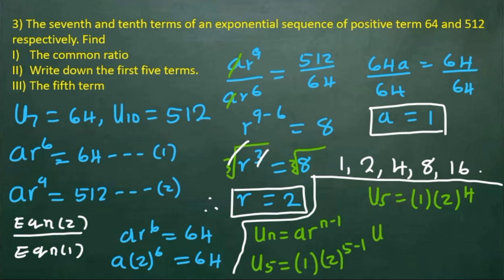And so u5 equals 1 times 2 to the exponent of 4, and u5 equals 2 to the exponent of 4, which is 16. So we can say that the fifth term of this sequence is 16. All right.